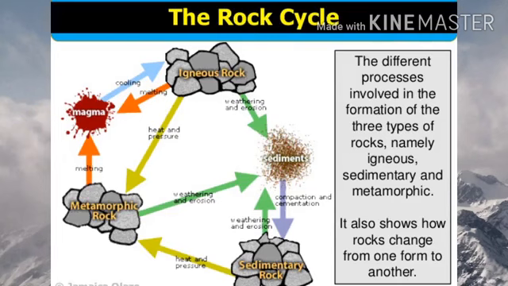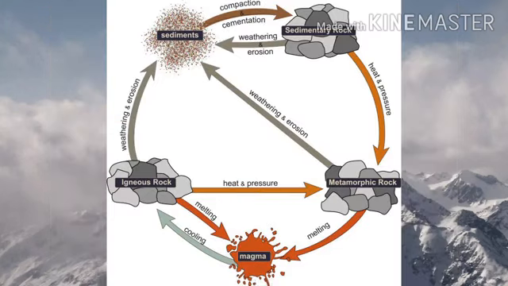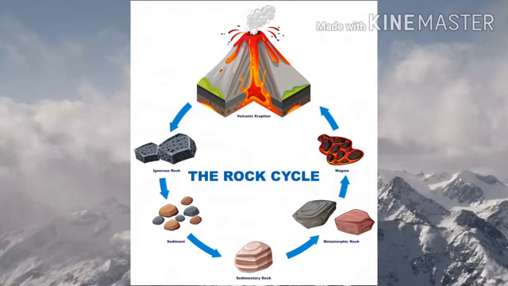This process of transformation of the rock from one to another is known as the rock cycle, as I have shown in this picture. Rocks undergo a cycle of transformation. Igneous rocks can change into sedimentary rocks or into metamorphic rocks. In the same way, sedimentary rocks into igneous or metamorphic, and metamorphic into igneous and sedimentary rocks.